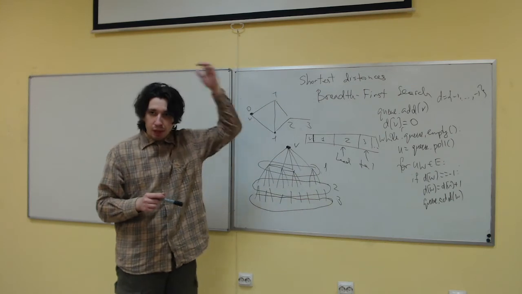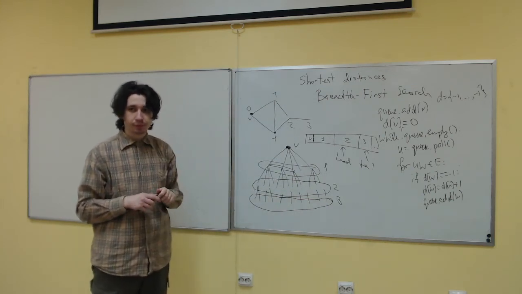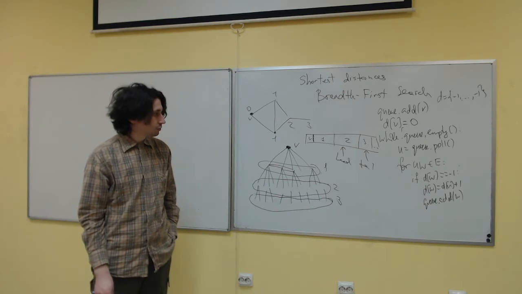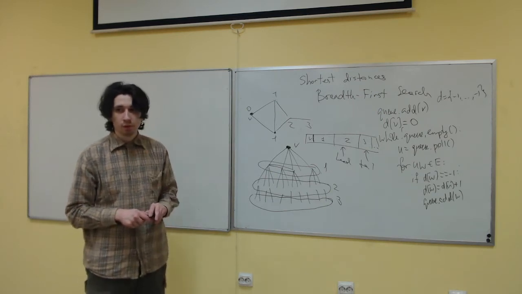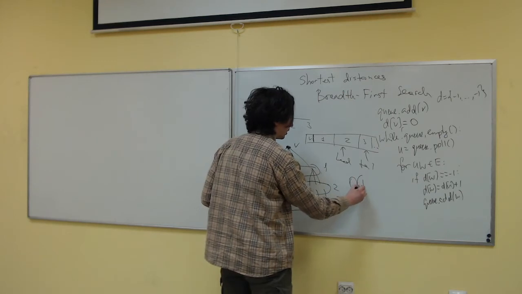What is the time complexity of this algorithm? Well, I think it should also be the number of edges. Why is it linear in the number of edges? Yeah, that's correct.